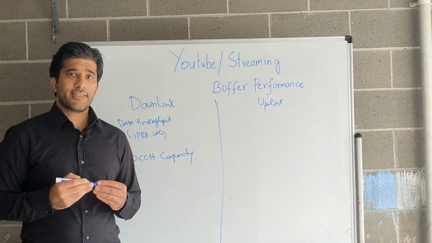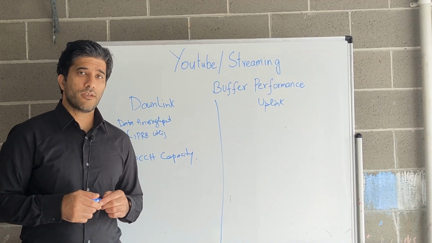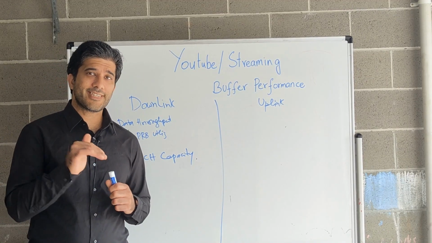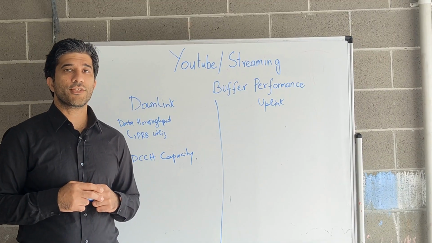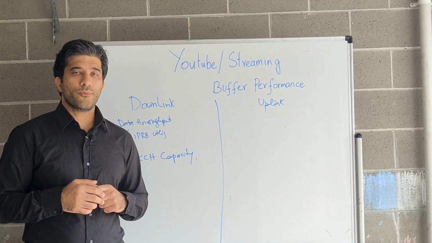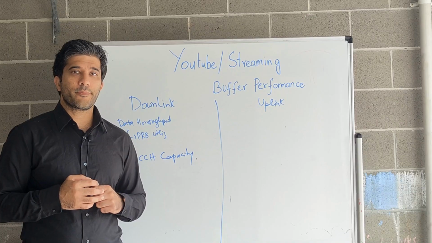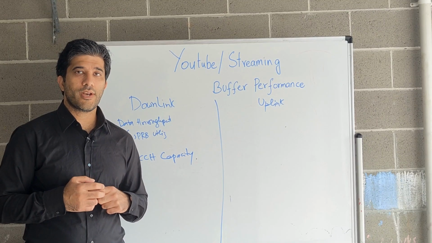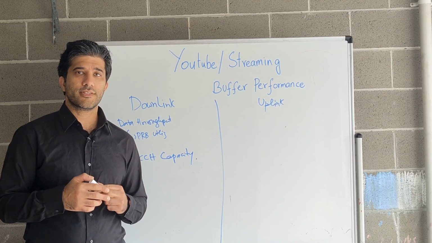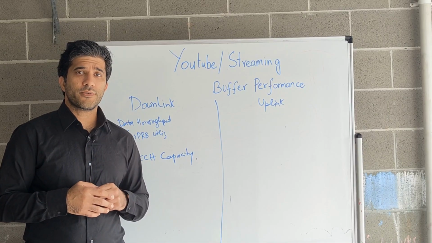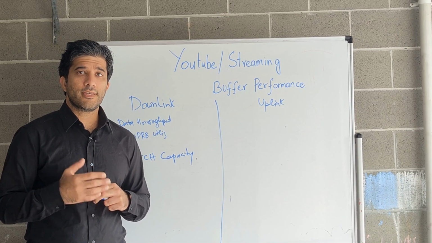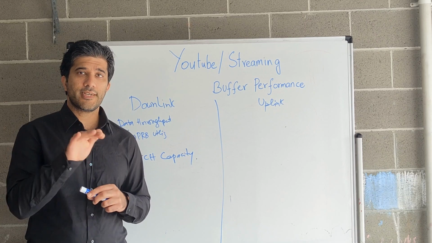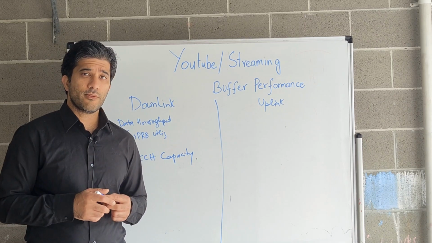Your PDCCH is actually your downlink control channel, which carries the scheduling grant information to your user. In case your PDCCH capacity is choked, then your streaming, which is a continuous service in terms of downlink, needs scheduling grants to be sent out to your UE for your streaming data.